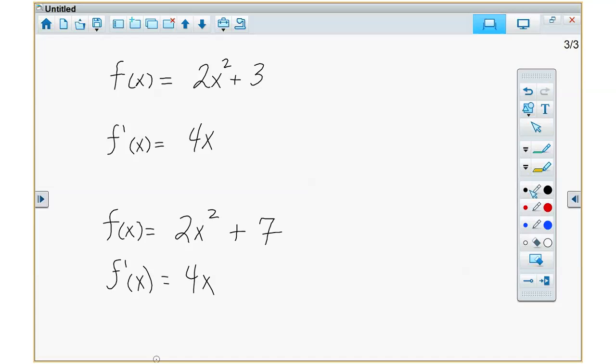So that means there's infinite functions that can go with this antiderivative. You both see that we've got two different functions here, but they belong to the same family of derivatives.